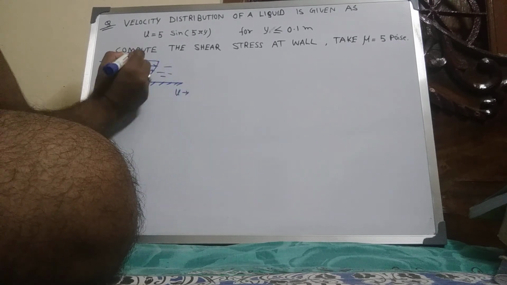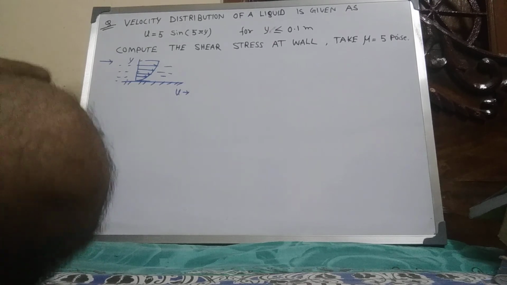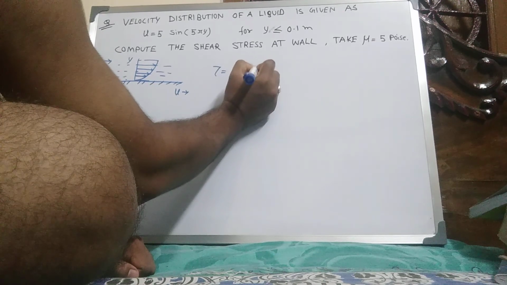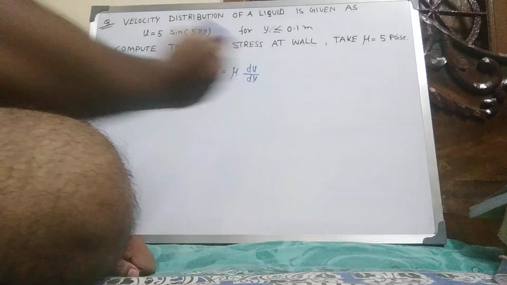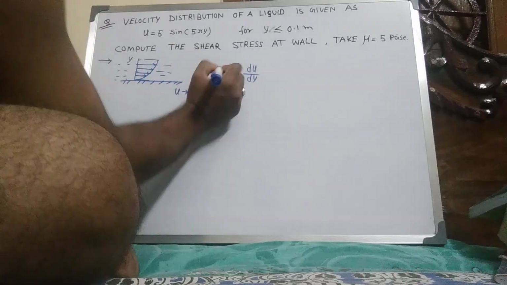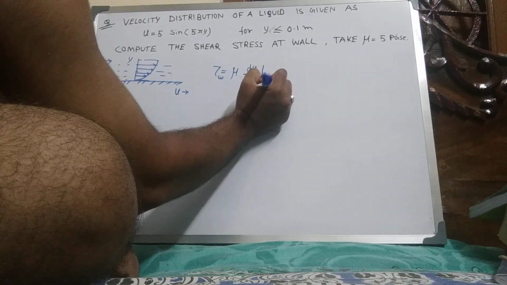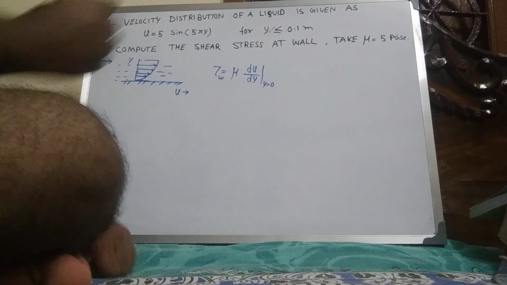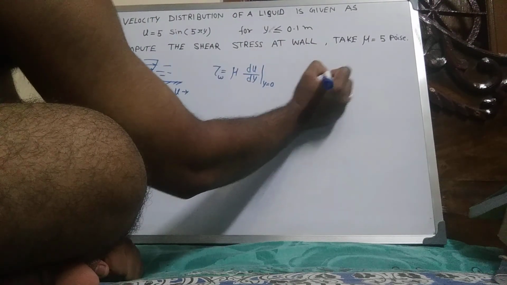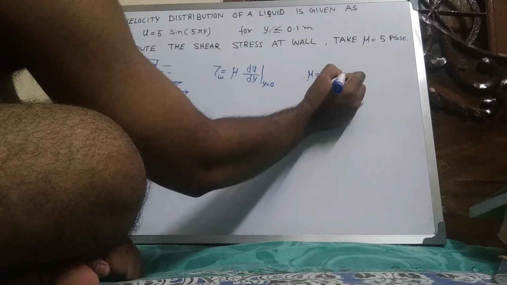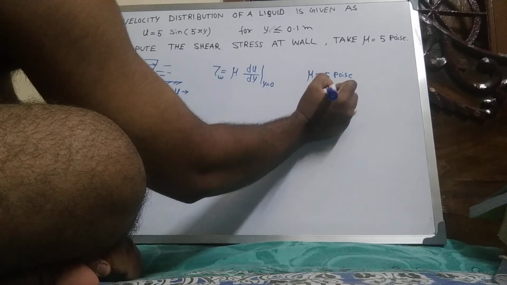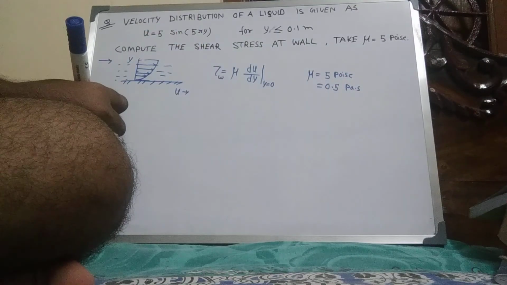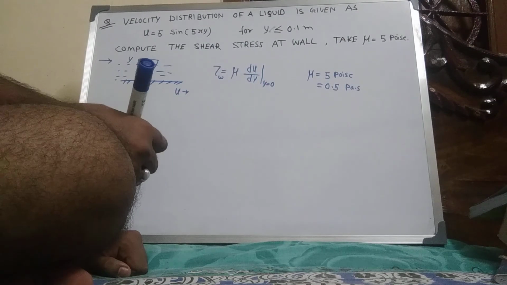This is u, this is y, and we know shear stress equals mu into du by dy at wall, y equal to 0, and here mu equals 5 poise. This is the CGS unit. Convert, this is Pascal seconds, the SI unit.